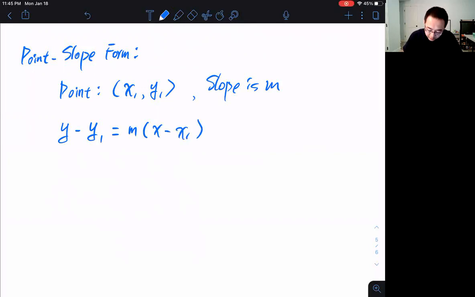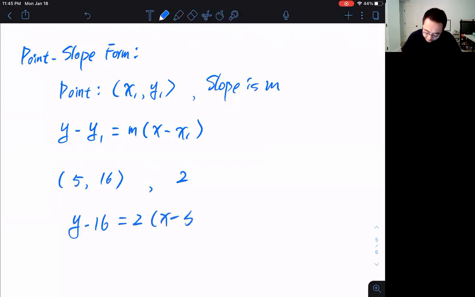Now let's do an example with numbers. Let's say a certain line passes through (5, 16) and the slope is 2. Then the function for that line is y minus 16 equals 2 times x minus 5.